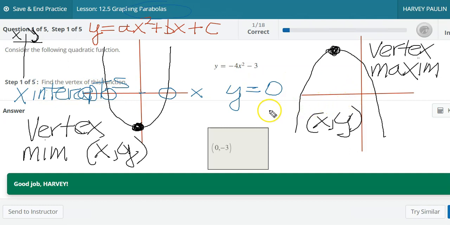Now, one other thing you might note. These are the x-intercepts. How about the y-intercept? Now, when x is equal to 0, what value we have right there is the y-intercept. So these are all things that we've done already.